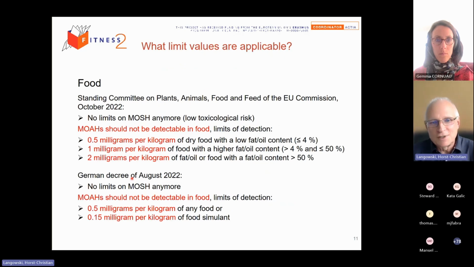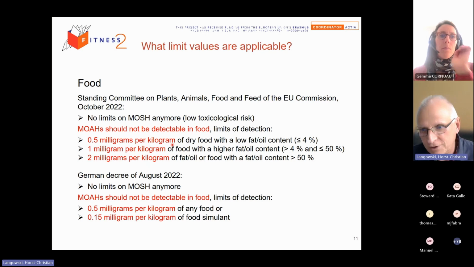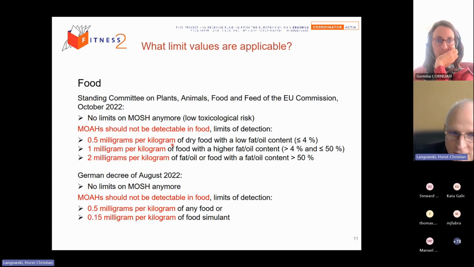Okay, the limit values, I think Fatima will talk a little bit more about this. I will only give some examples. This is from the EU Commission, showing that the mineral oil aromatic hydrocarbons should be less than 0.5 milligrams per kilogram in the ready packed food up to the shelf life. And the more fat is inside, the higher the allowed amount of contamination. This is different in Germany because this is not regulated on an EU basis.